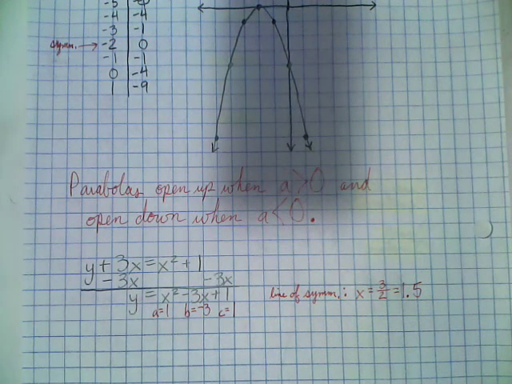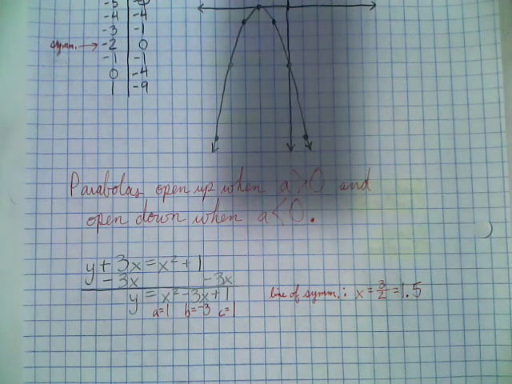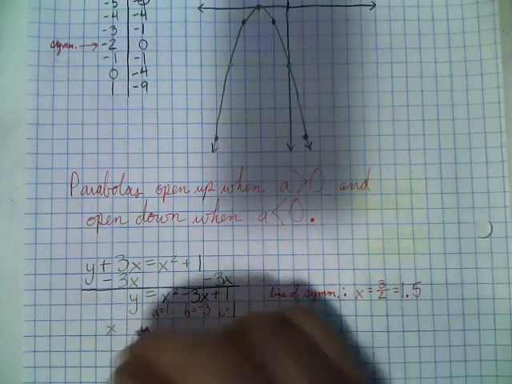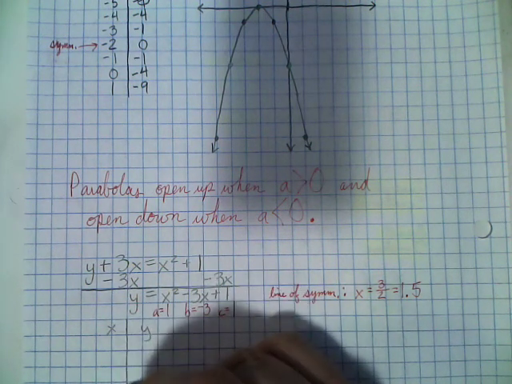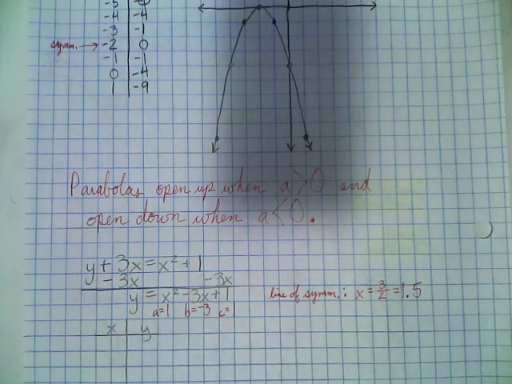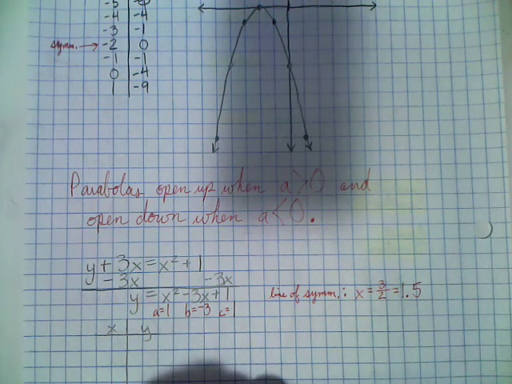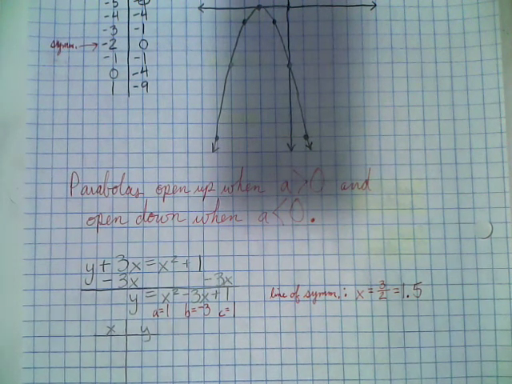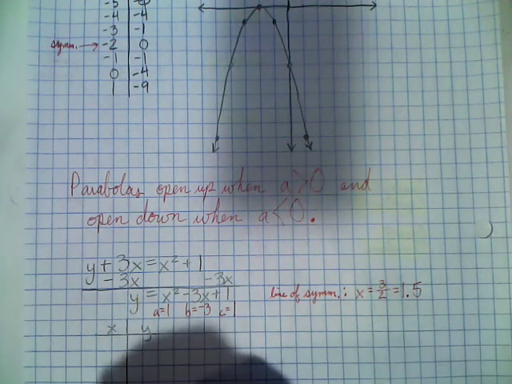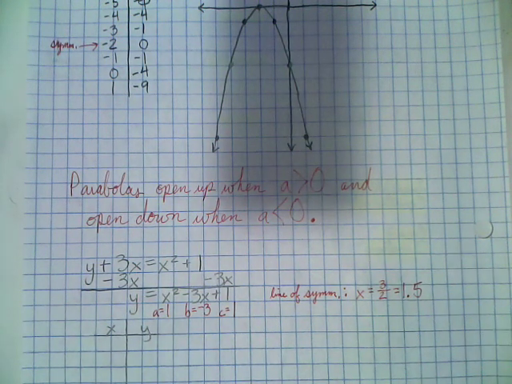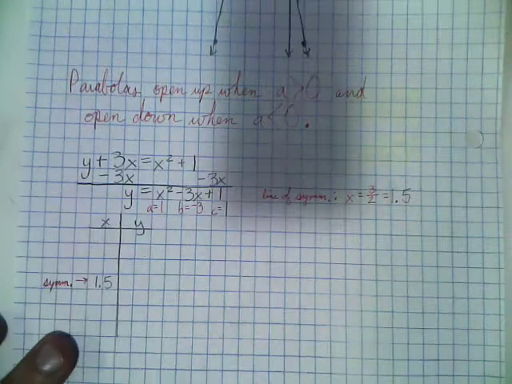So when I make my table of values, I'm going to go x and y, and I'm going to put 1.5 in the middle. Oops, sorry, I got to slide that up there.